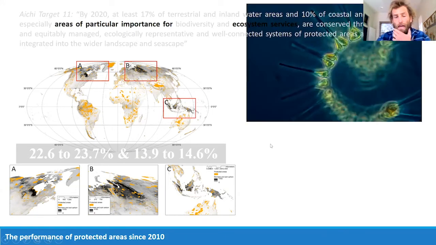We also looked at the coverage of the biological pump in the marine realm. The biological pump is essentially when phytoplankton fix carbon in the ocean, and then some of that carbon is exported down deep into the ocean, where it can stay for decades to millennia.